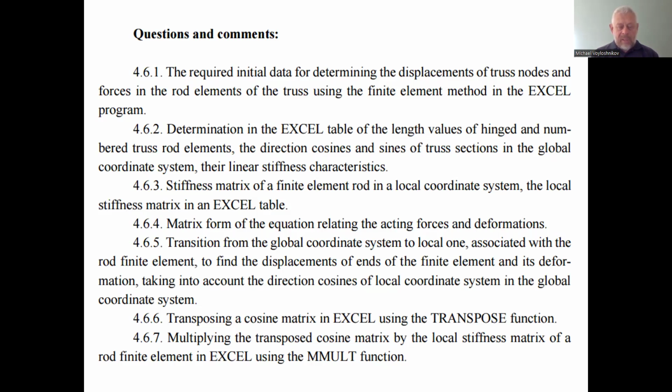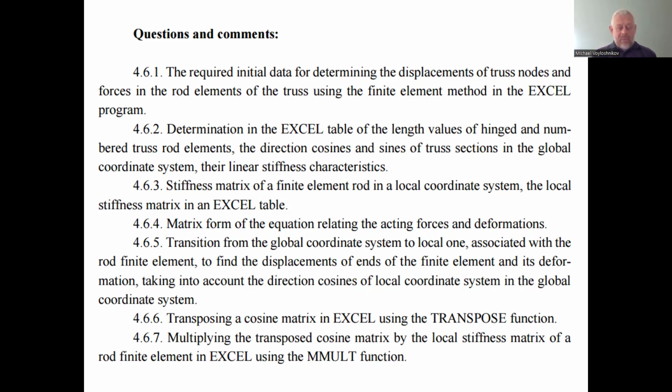The matrix form is the product of the stiffness matrix on the displacements of the nodes of the ends in the coordinate system, local or maybe global, depending on what we look for, the forces acting on the mechanical system or on one definite finite element. The product of the stiffness matrix on the vector of displacements gives us the vector of the acting forces at the ends of the finite element, if we consider the finite element in the local coordinate system.